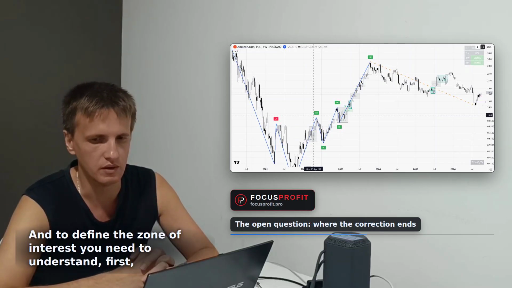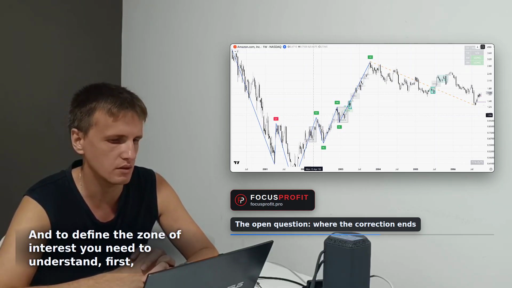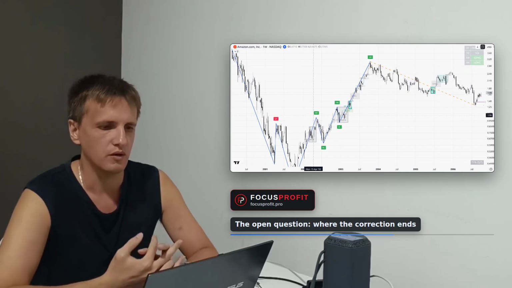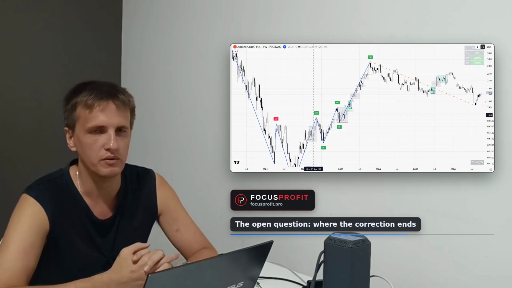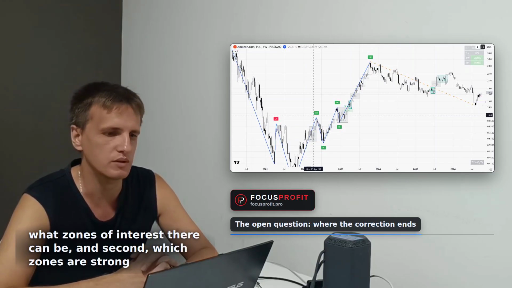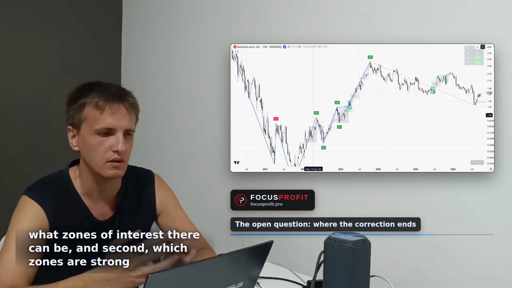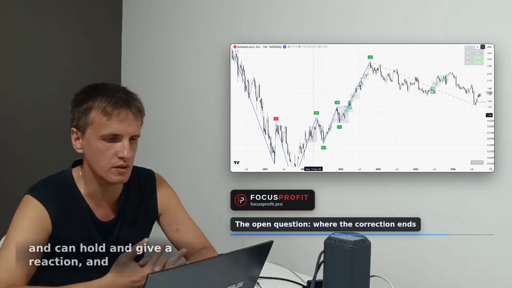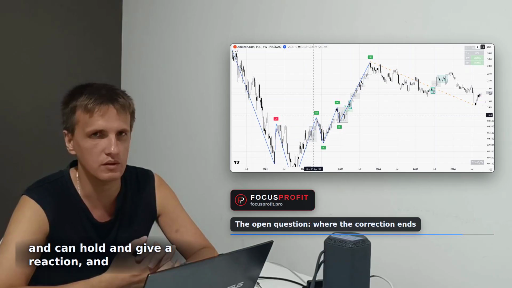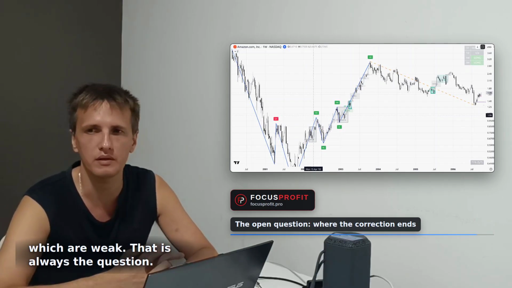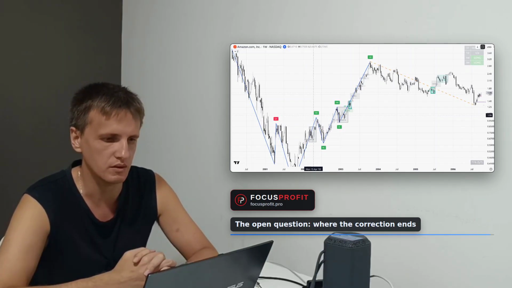And to define the zone of interest, you need to understand, first, what zones of interest there can be, and second, which zones are strong and can hold and give a reaction, and which are weak. That is always the question.